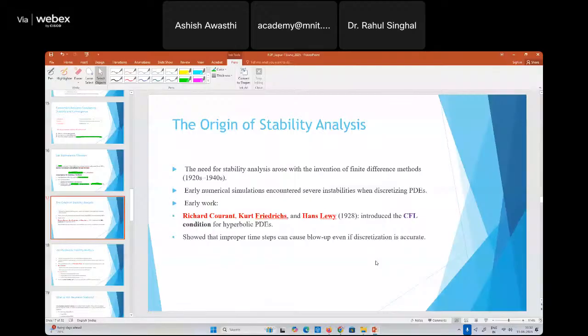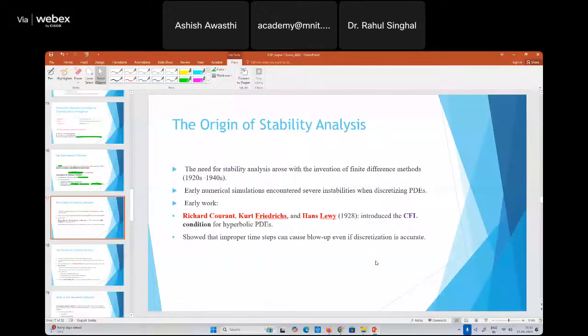Now I will try to give something about the history of when people started talking about stability analysis. The need for stability analysis arose with the invention of finite difference methods, somewhere between 1920 and 1940. Numerical methods are not very old. Though Euler gave the idea, it was not used because people were not comfortable with hand calculations.